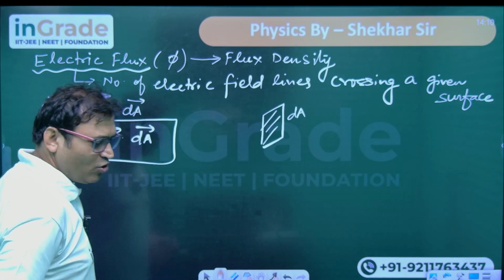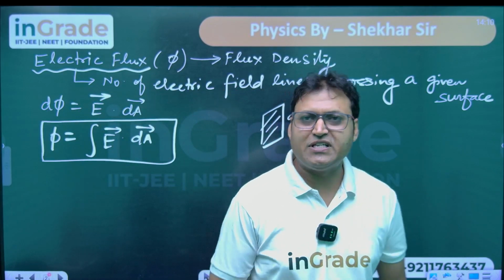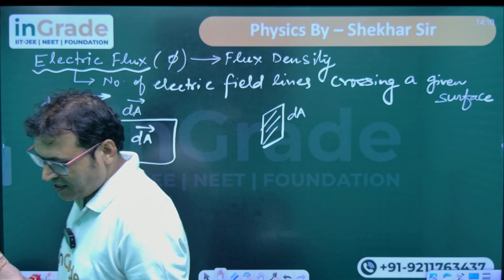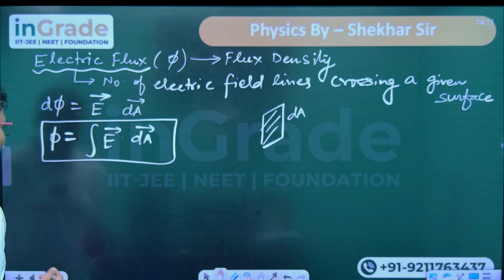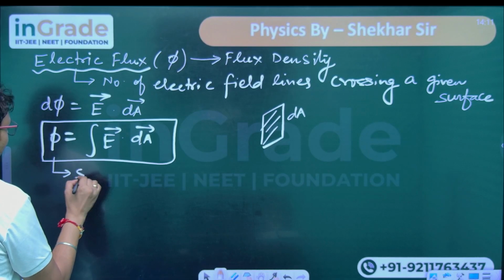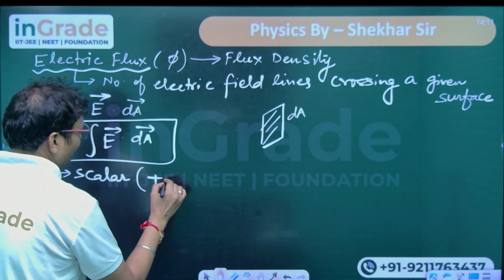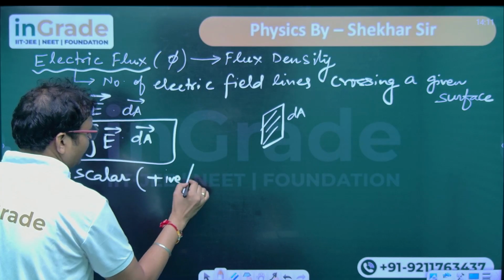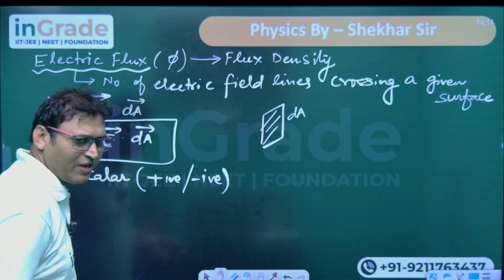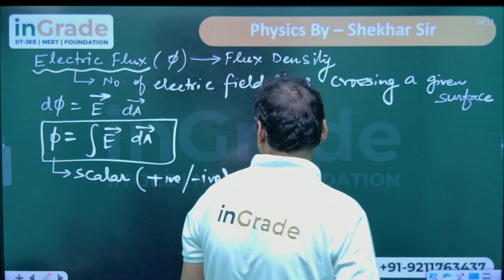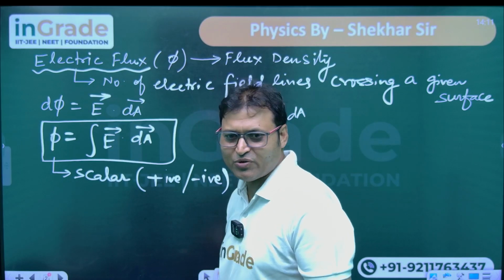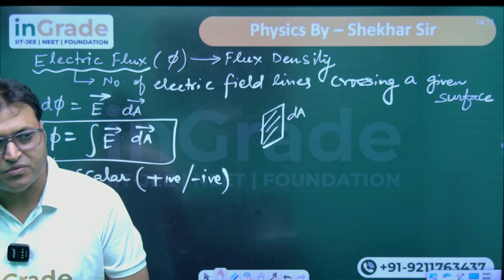Because it is the dot product of two vectors, which you already know is always a scalar quantity, so it is a scalar quantity. It can be positive, it can be negative, and it can be zero as well. If the electric field and area vector are perpendicular to each other, then the flux will be zero.